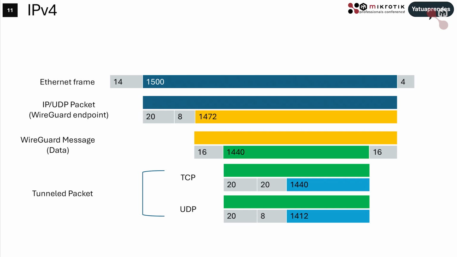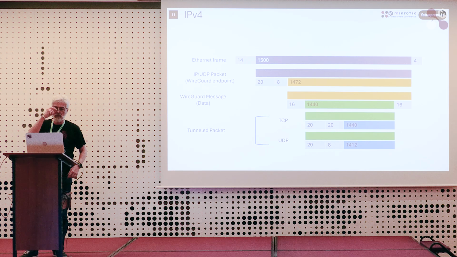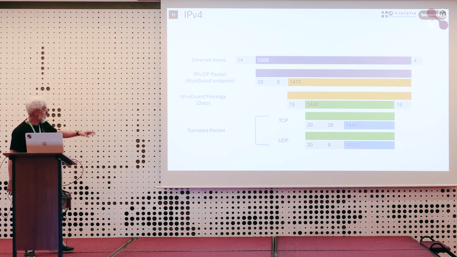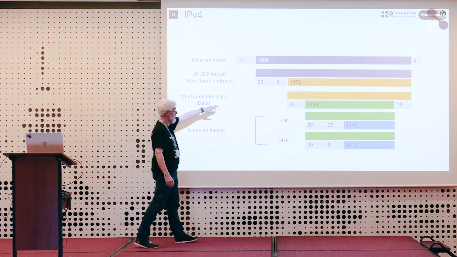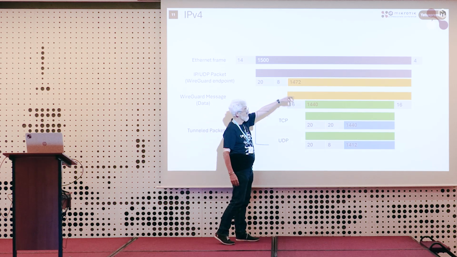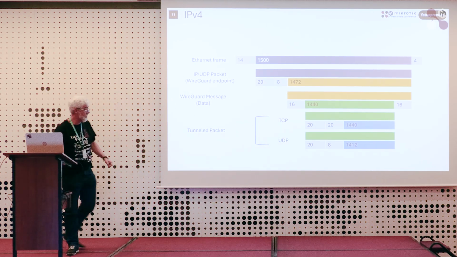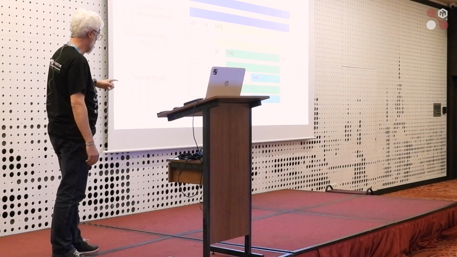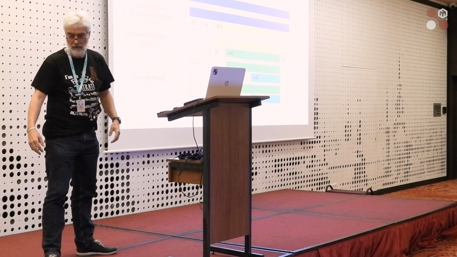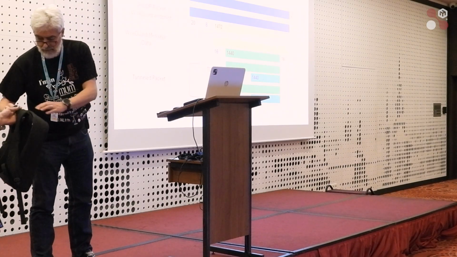Then WireGuard is encapsulated over an IPv4 header of 20 bytes and UDP of 8, remaining 1,474 bytes.